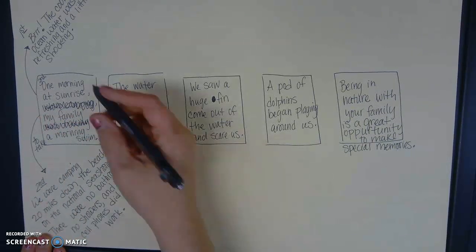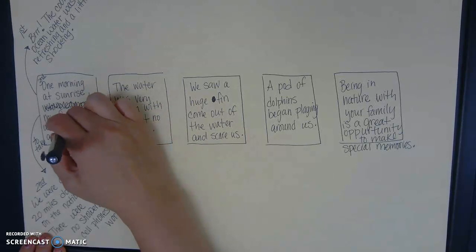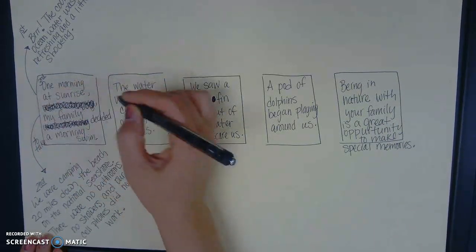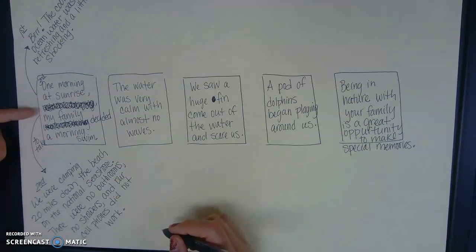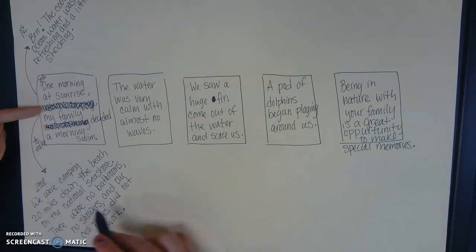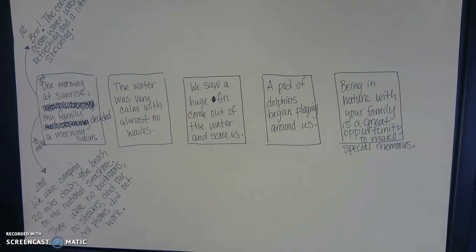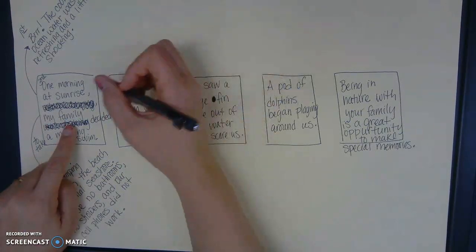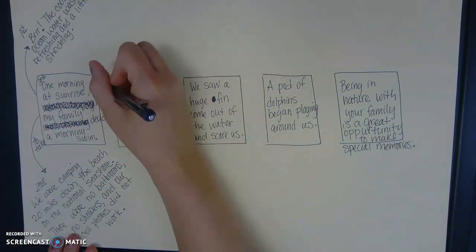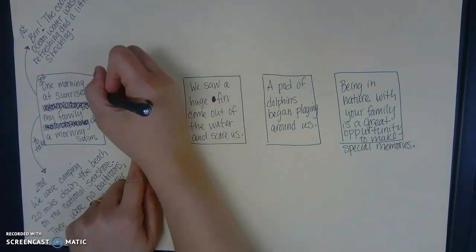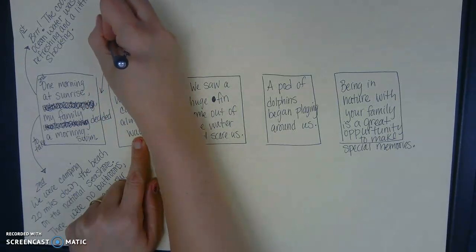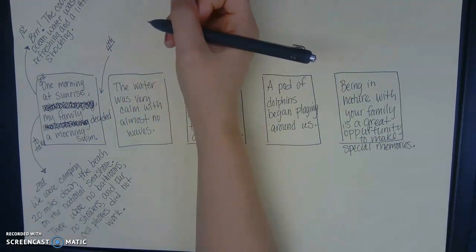Okay? And it's okay as you go to change up your kernel essay a little bit, but don't change it a lot, just when you add detail to it. So right here where it says we were camping, well, I gave you more information about that. I added more detail to it. Now, I said my family was there, right? I'm going to now add right here in between, before I get to this one, my fourth detail, and I'm going to tell you who in my family.